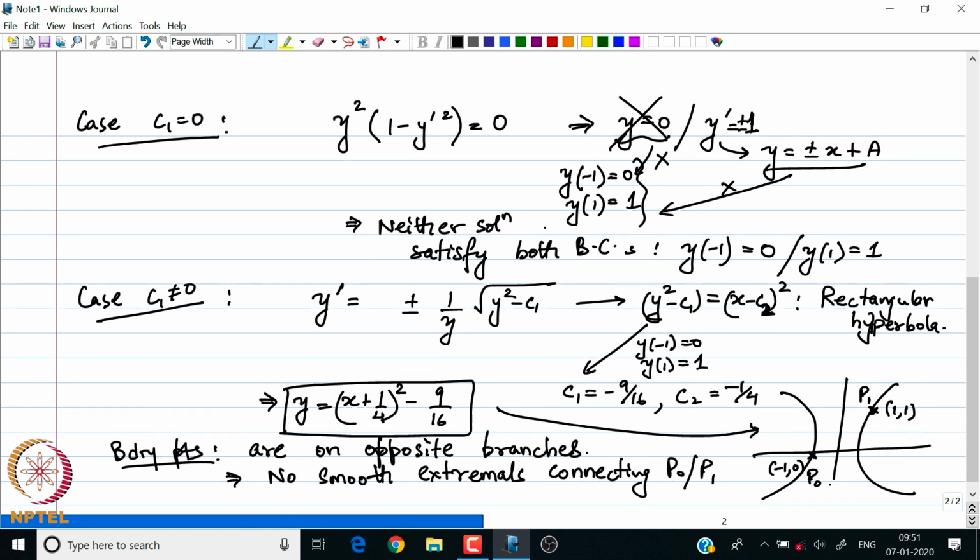So, that is why we look for the broken extremals, right, or the condition through which we can at least find extremals which can connect the boundary points, which are at most piecewise continuous, right, piecewise continuously differentiable.